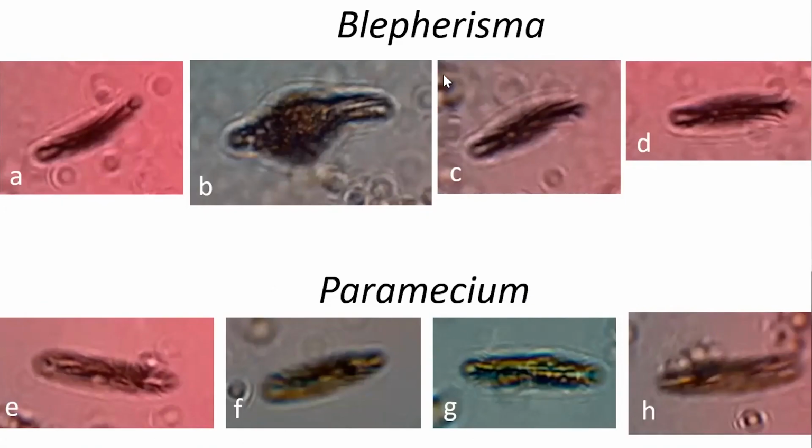And so I hope it's obvious to you why it's confusing blepharisma for paramecium. In some of the paramecium, especially when they eat, their stomach gets big. And that's what you're seeing here, the bulge. It's also orientation dependent. So on some views of the blepharisma, its stomach really shows. On some views, it doesn't.